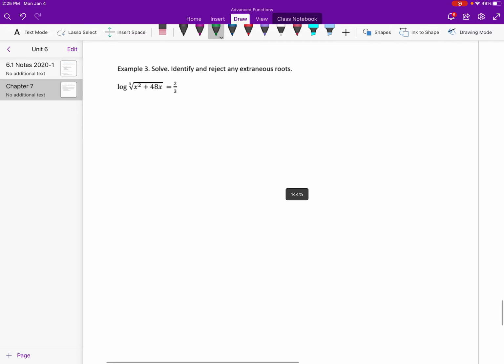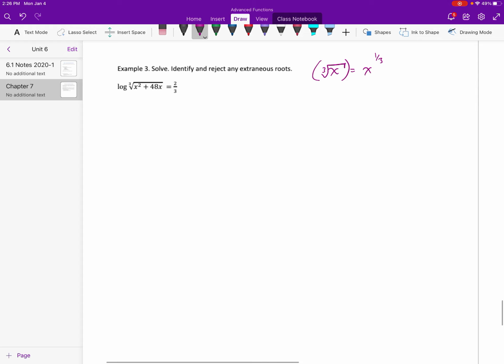All right, let's try one more example. Again, we're going to solve, identify and reject any extraneous roots. On this one, we need to remember that the third root of something is equal to x to the power of 1 over 3.